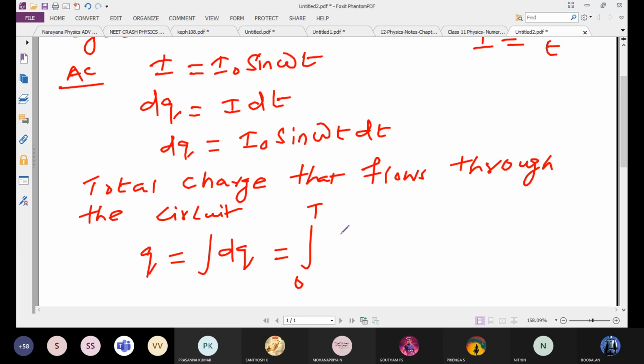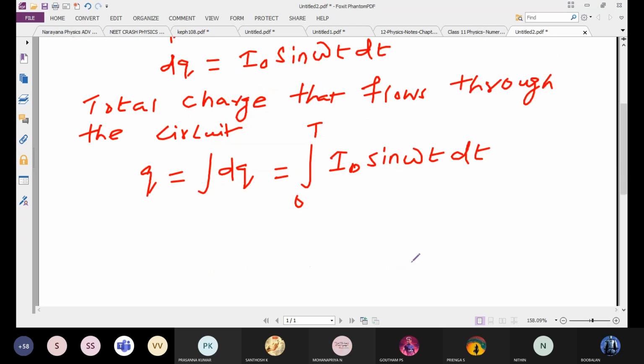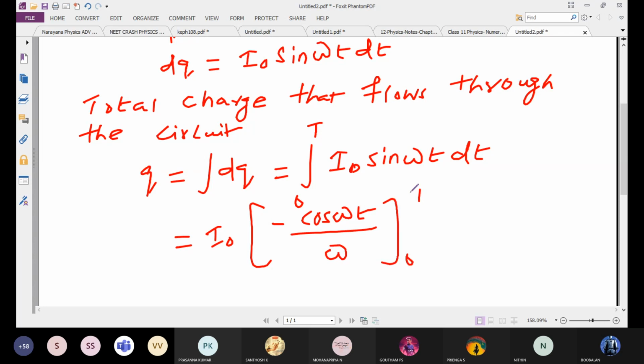The dq value is I naught sin omega t into dt. So do the integral, you will get I naught, and sin omega t dt gives minus cos omega t divided by omega, under the limits 0 to t.